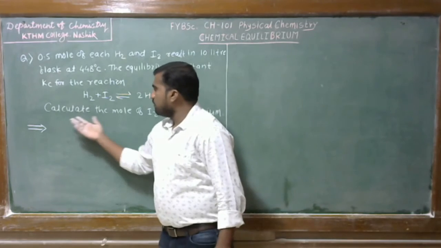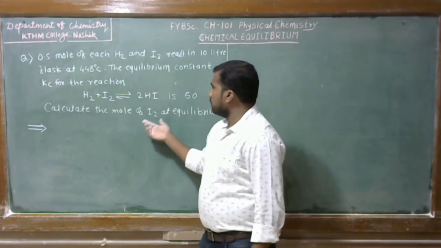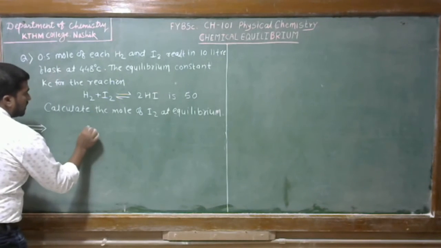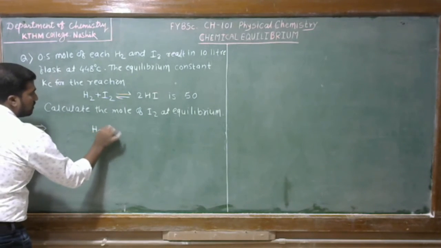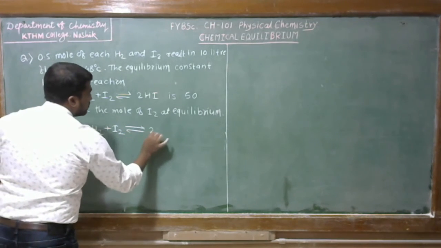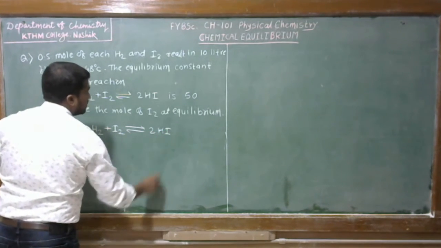So we have to calculate the moles of I2 at equilibrium. So first of all, write down the given reaction. H2 plus I2 gives 2 moles of HI.